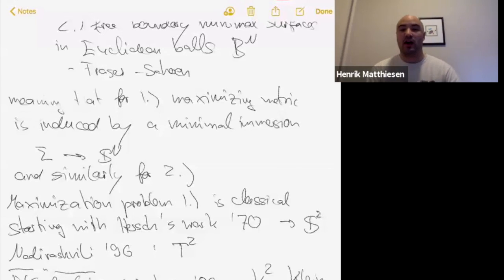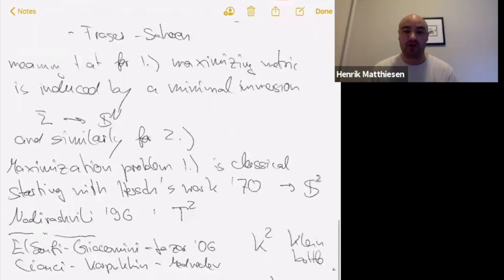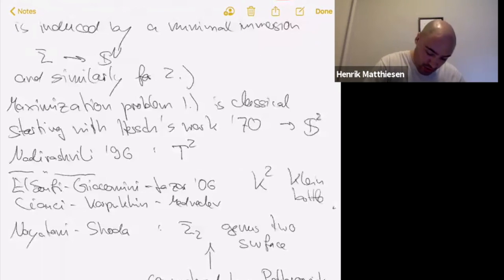Okay, when I introduced the problem, I only talked about the first eigenvalue. So you can also talk about the entire story for higher eigenvalues. It's for some reasons quite different. I don't want to get into that. I just want to mention that there's a lot of recent work for the corresponding problem on higher eigenvalues.